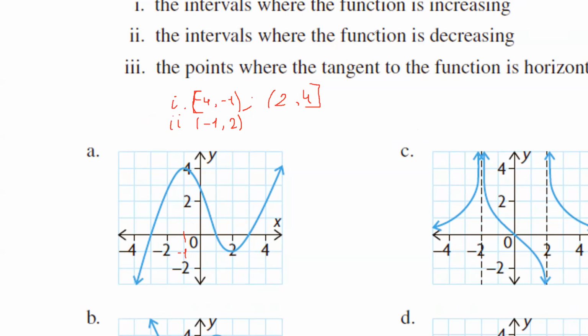From -4 till -1, that's increasing, this here. And then from -1 till this is 2, right? Yes, till 2. From -1 till 2, that's decreasing. And then from 2 till, well, we don't know because the graph is going up, but it's going to be around 5, probably.